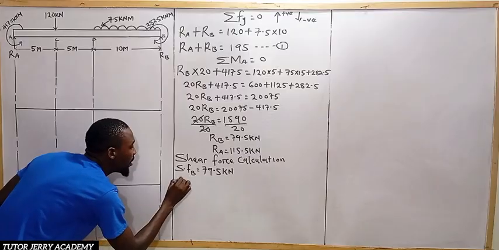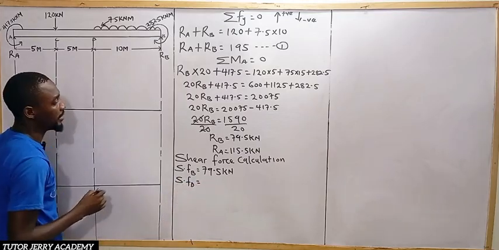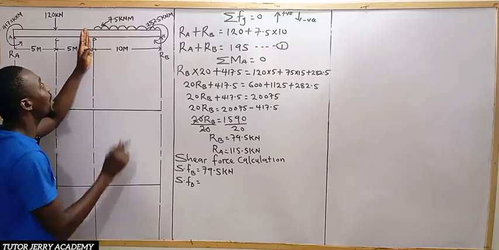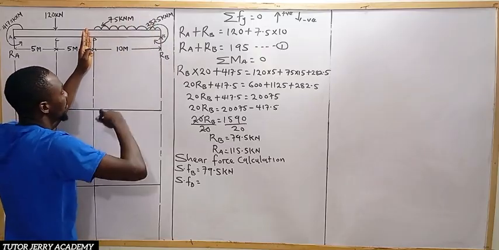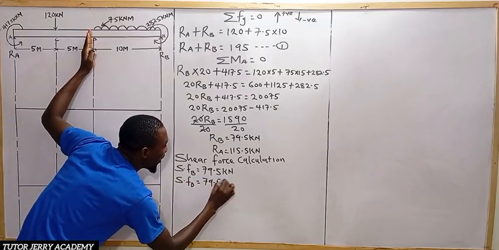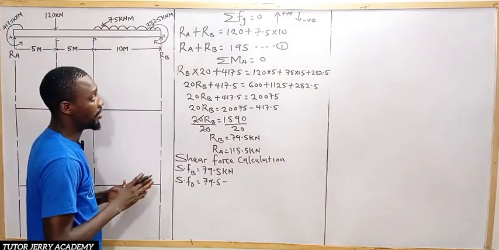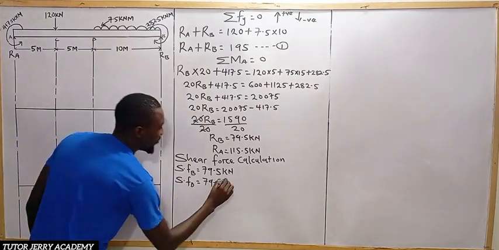So let's go for the shear force at point D. Don't forget, we start at point D here. We are going to have this upward force and a uniform distributed load. That is, we are going to have 79.5 minus, because we have a uniform distributed load which we have converted to a point load, and if we do that, we are going to have it to be what? 75.